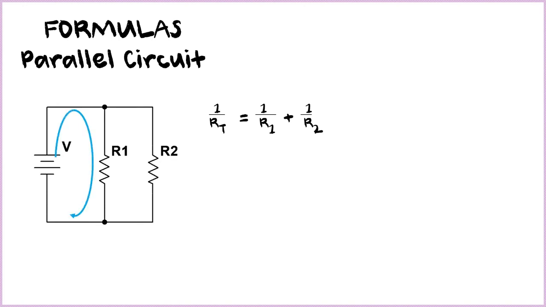Now the current flowing through resistor R1, I1, is different from the current flowing through resistor R2. As shown in our water analogy, the amount of water flowing to the first sand filter is different from the amount of water passing through the second sand filter. So the total current would be equal to the current flowing to R1 plus the current flowing to R2.